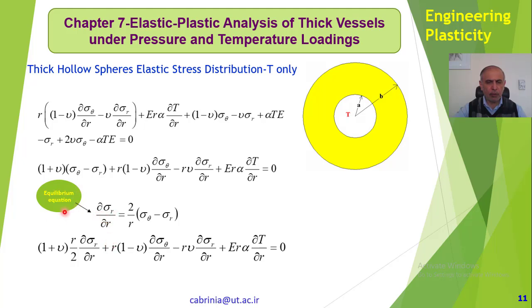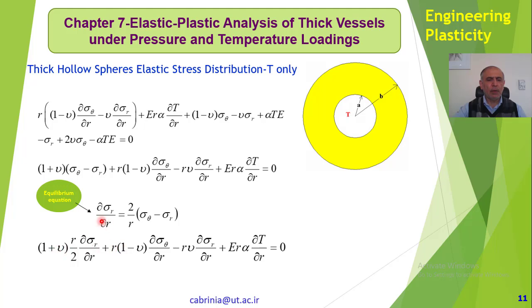This equilibrium equation remains the same as before because we derived this equilibrium equation from first principle on an element of the sphere. So never mind what the loading is, since the element is in equilibrium, the equation is the same.